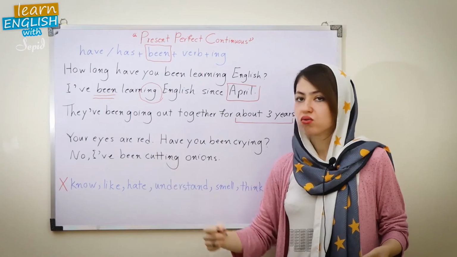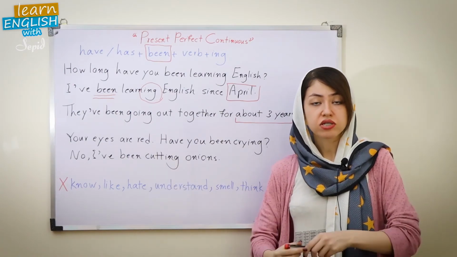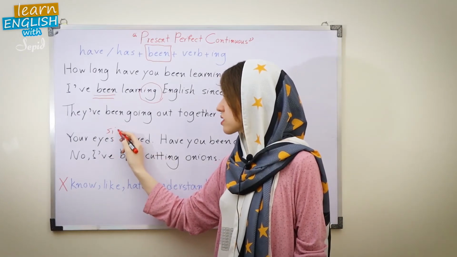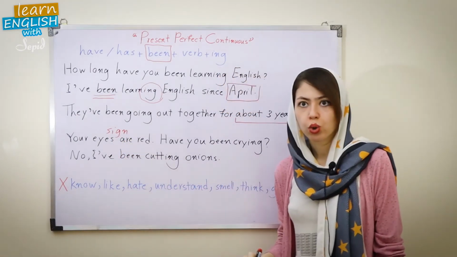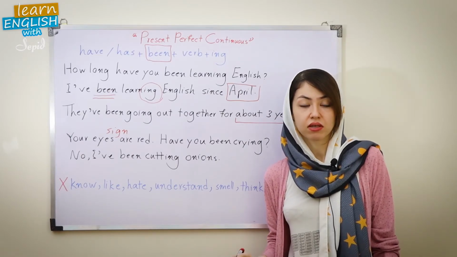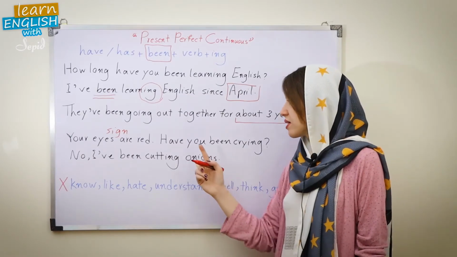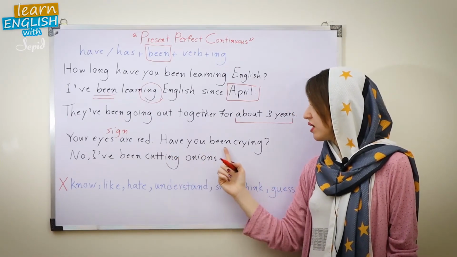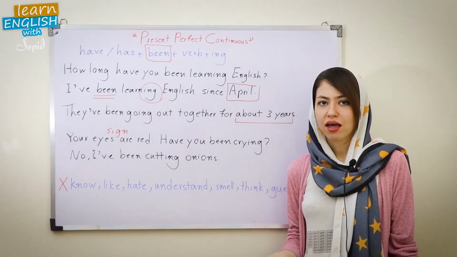Your eyes are red. Okay, so this is a sign. You notice a sign here. Wow, your eyes are red. What has happened? Or we can ask this question: Have you been crying?